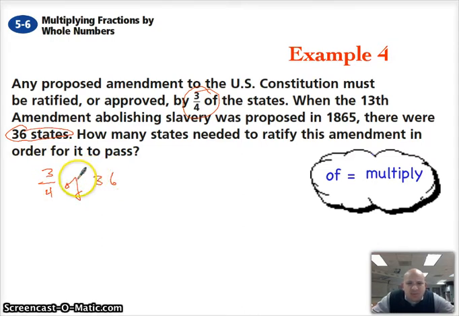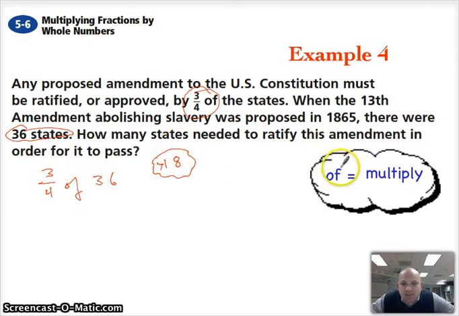What is 3/4 of 36? That should give me a smaller number than 36. And I know that's going to be more than half of 36. If I think about that in my estimation, it's going to be more than 18 because 18 is half of 36. So I'm going to put that in a cloud as well. My answer is going to be greater than 18.